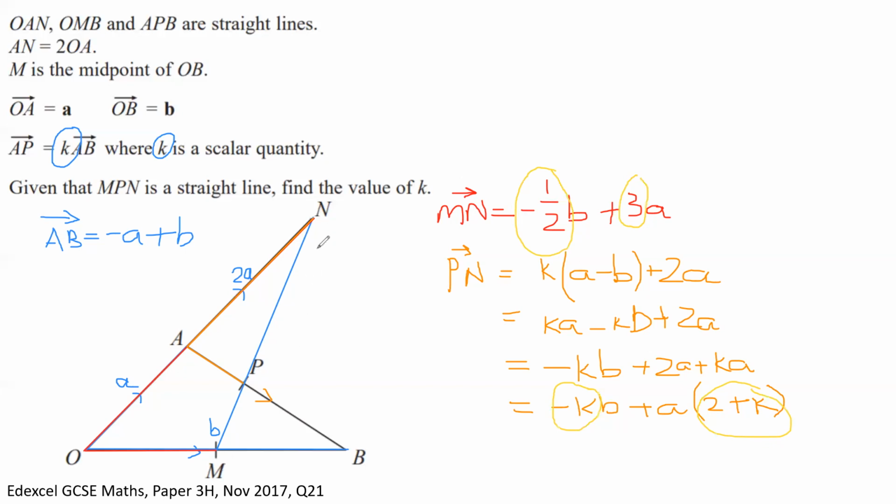We know that this whole thing is one straight line, so we know that this is a portion of that. So we can say that M to N times by X, whatever fraction X is, will be equal to P to N. So we've got X times M to N is equal to P to N.